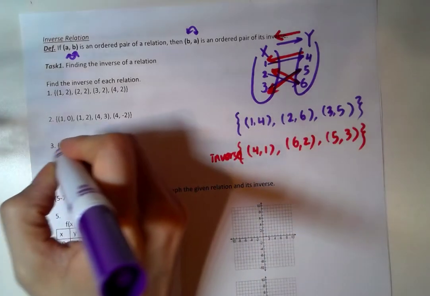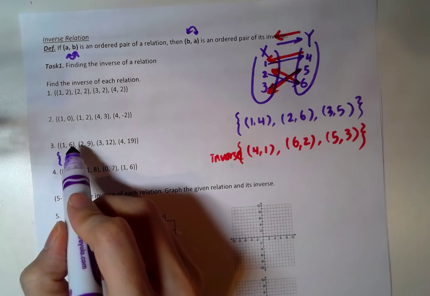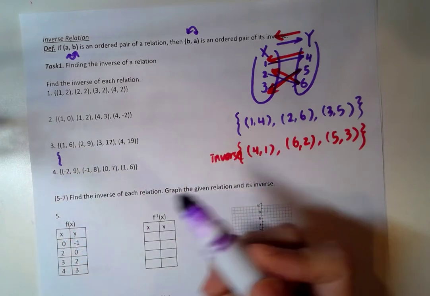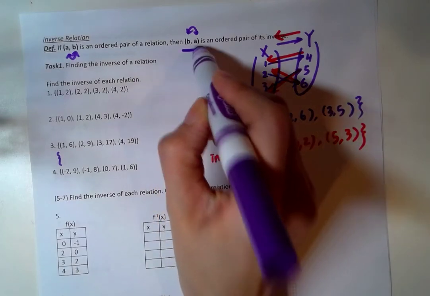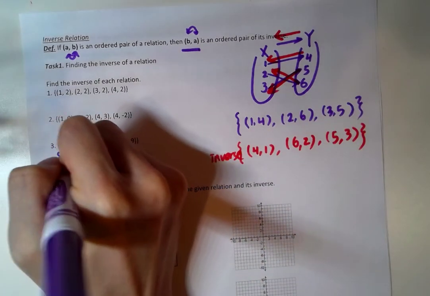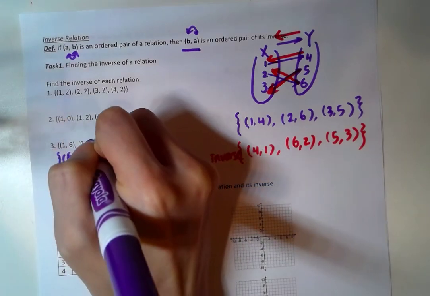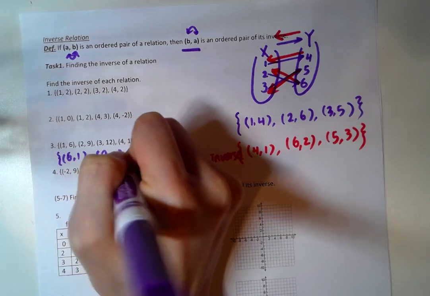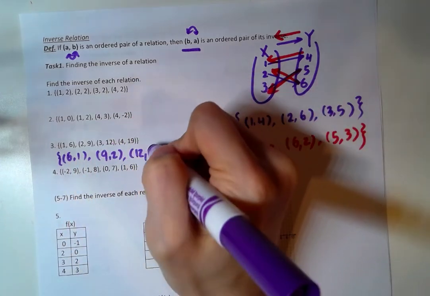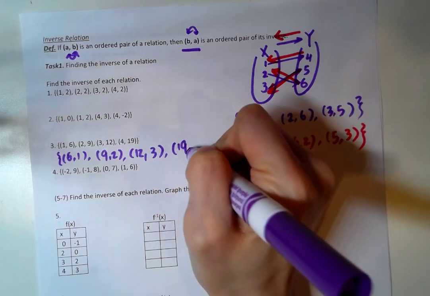Alright. So, look. I'm going to find the inverse. You already have (1, 6), (2, 9), (3, 12), (4, 19). All you need to do is what? Switch your x and y. So (6, 1), (9, 2), (12, 3), and (19, 4).